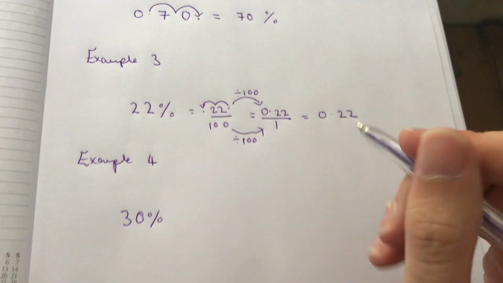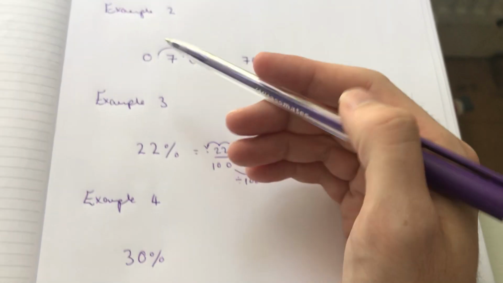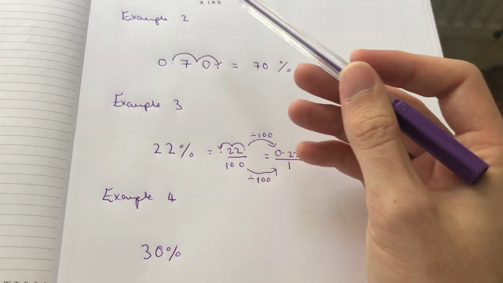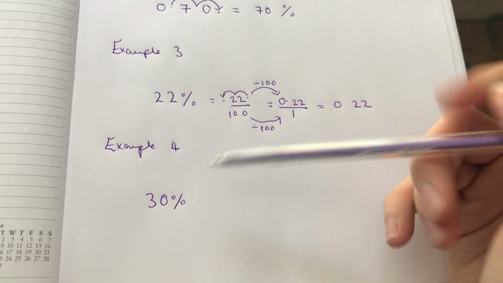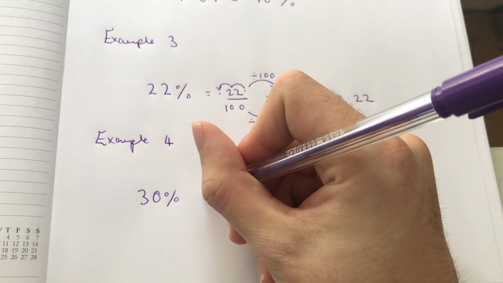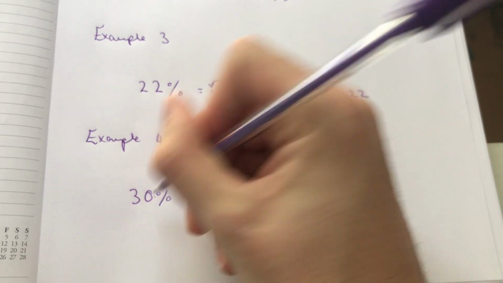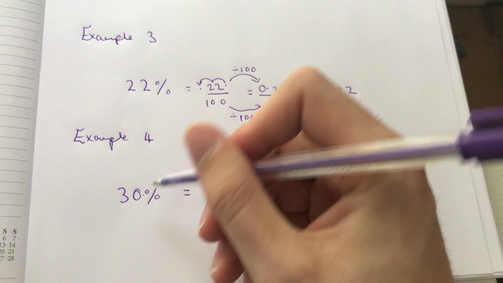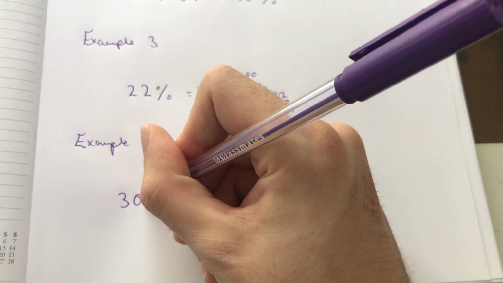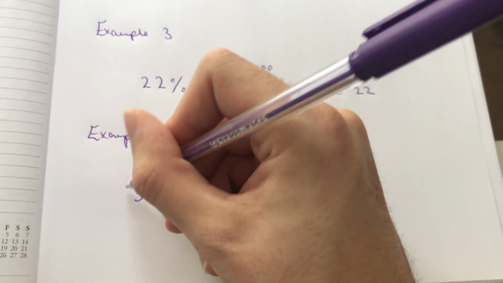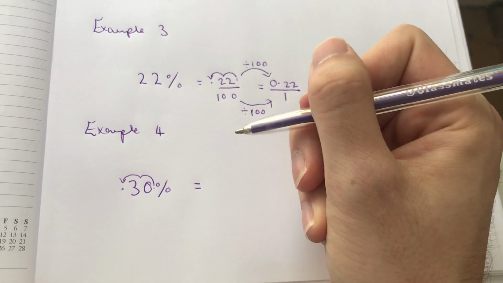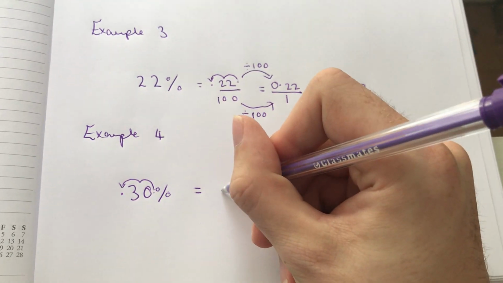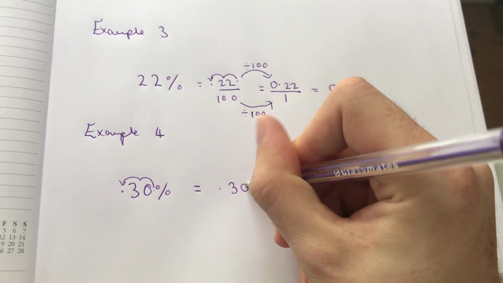Okay, we're going to use our simpler method like we did in example 2 for example 4. So we just need to move our decimal point, which is after the 0. We're going to move our decimal point 2 places to the left. So we put our decimal point here. So we have 0.30.